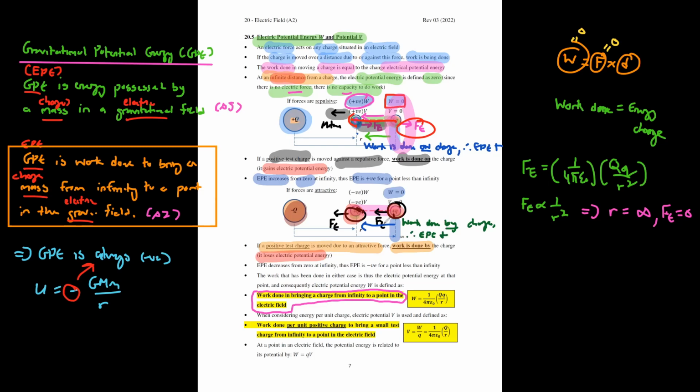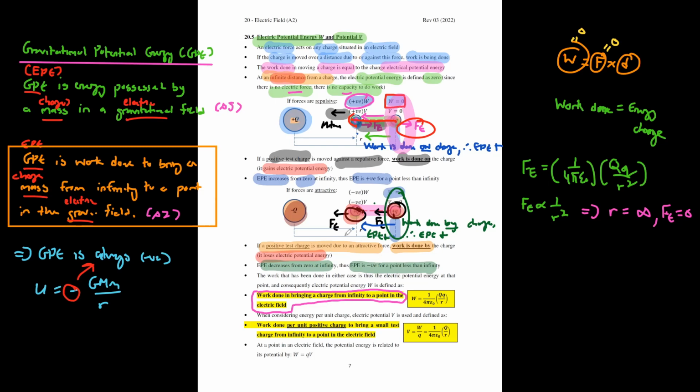Your EPE at infinity is 0. When you move towards the left, your EPE is supposed to decrease, so it is decreasing from 0 at infinity. So whatever EPE value you have there should be negative. So this is a case where your EPE can be negative. It can be positive or negative, all right?